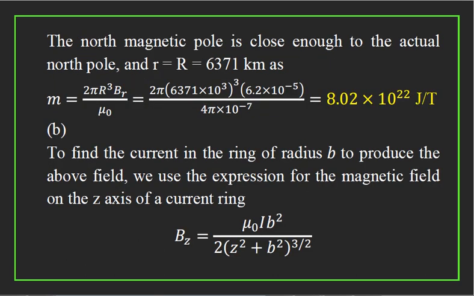Now the north magnetic pole is approximately close to the geographic north pole. So we can take the distance of that north pole from the center of the Earth, that is from the center of the dipole, which is assumed to be at the center of the Earth. That distance is equal to the radius of the Earth.